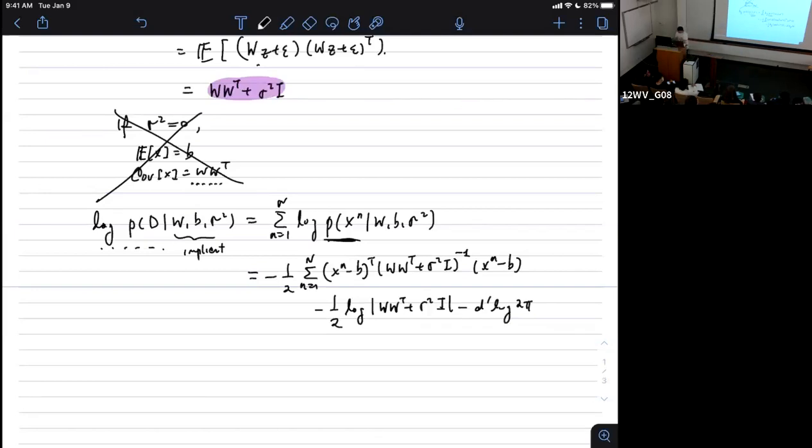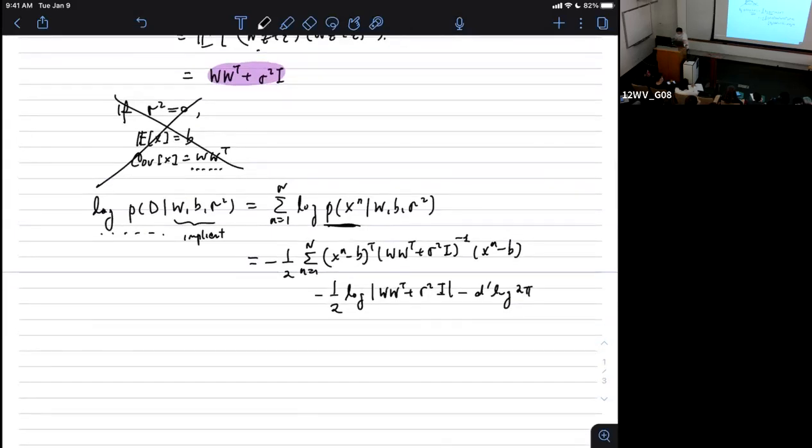And now let's see, how are we going to solve this? There are many different ways to solve this problem with respect to B and W. In the case of B, you can kind of see that it probably is going to be the mean.